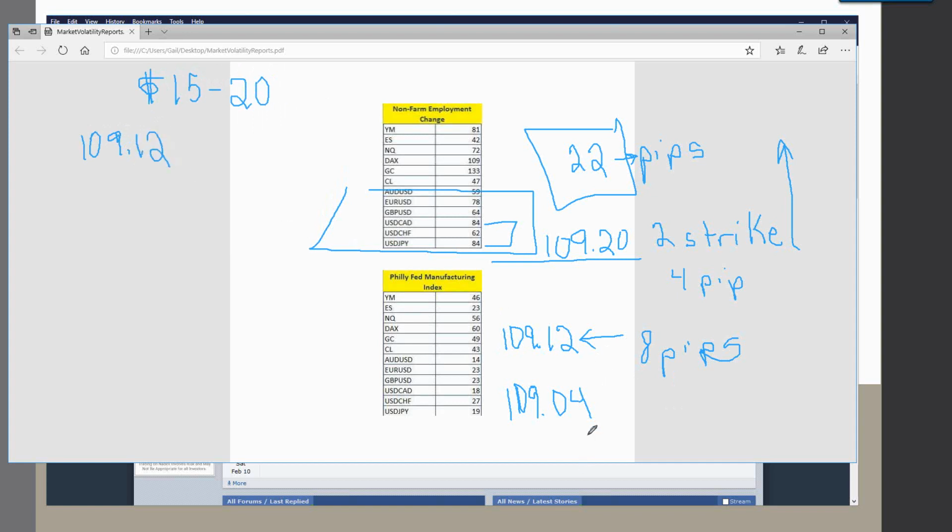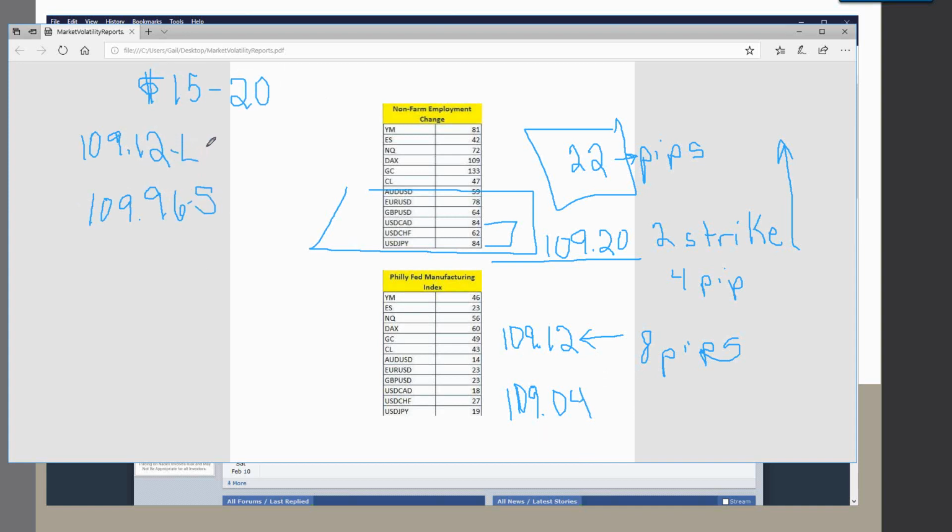And then on the flip side of that, I'm going to go down 8 pips, and that would give me a target of 109.96. Now, these would be my targets. This would be my long. This would be my short.